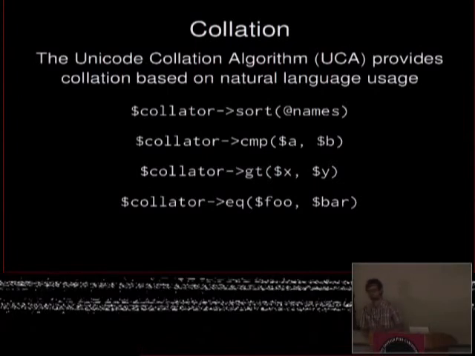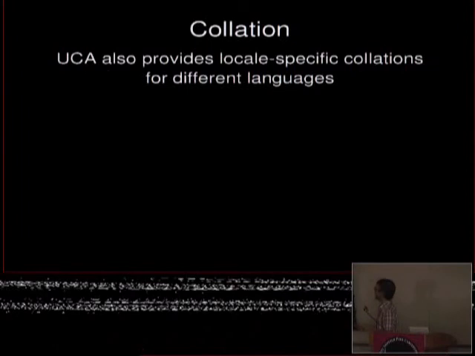Because sometimes the collation values for comparing two characters that are two different code points can be equal. Now, the UCA, although it has a default collation algorithm, which is I'd say the default one you should use if you don't know what to do otherwise.